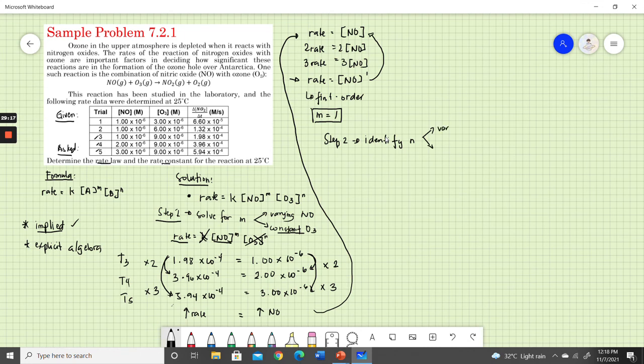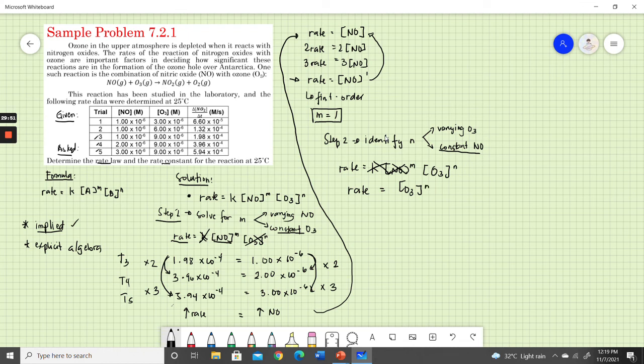So what we're looking for is varying O3, and this time you want constant NO. Similarly, if we have this rate, K is equal to NO^M O3^N. Since NO is constant, K is constant, you can just remove this too and create a relationship between the rate and O3^N.